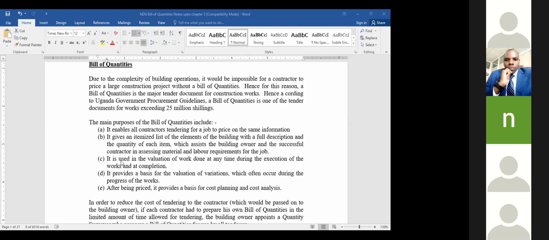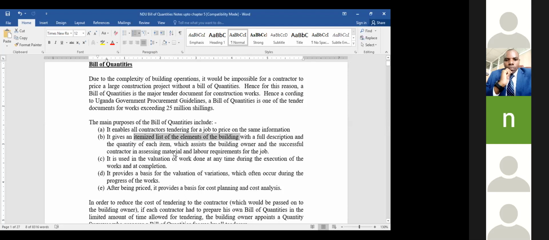Okay, so I was saying valuation of works done. At any point, the works that have been done so far can be measured off the bill of quantities, because even payments are made based on the bill of quantities.